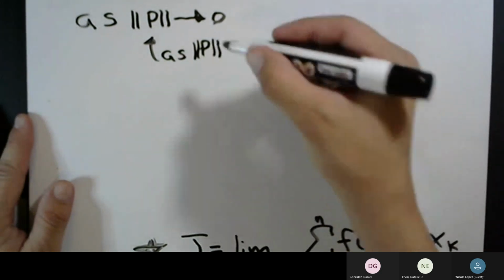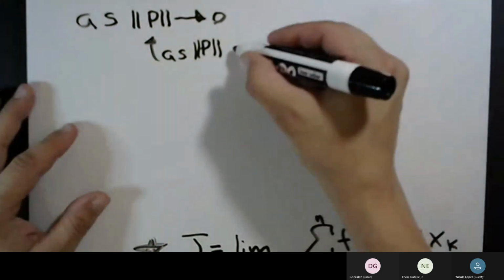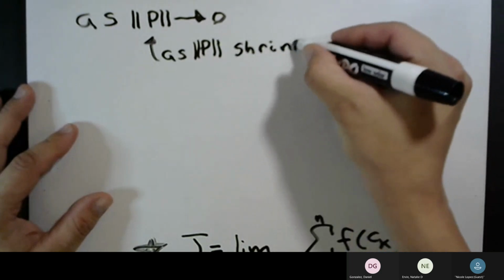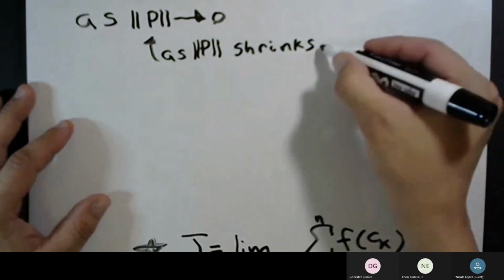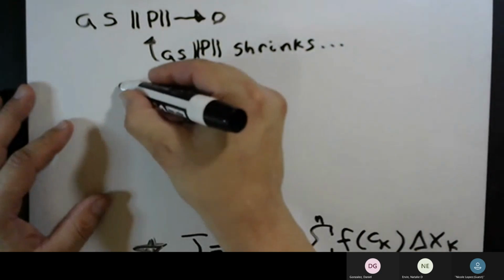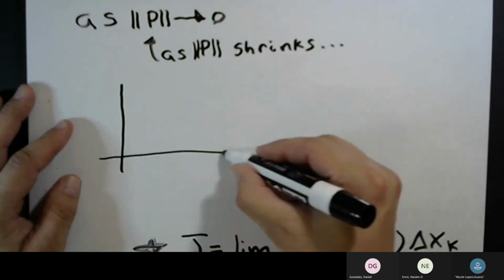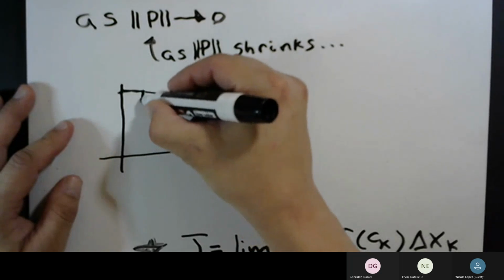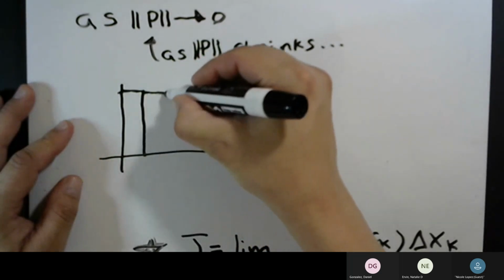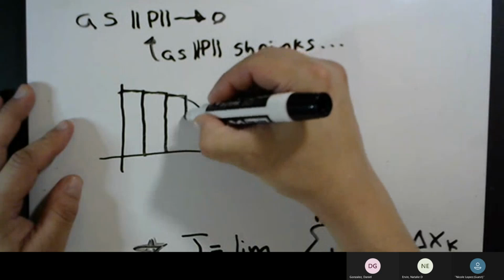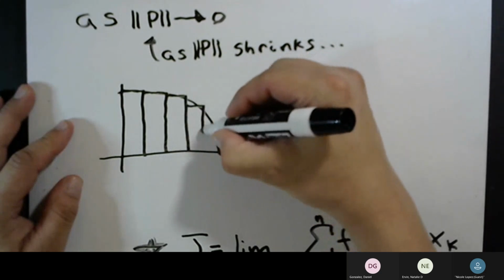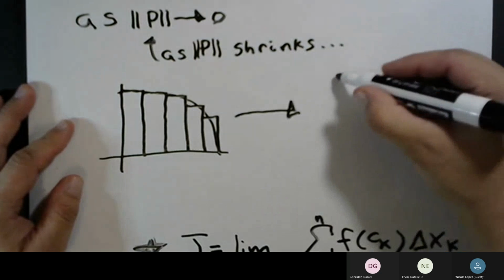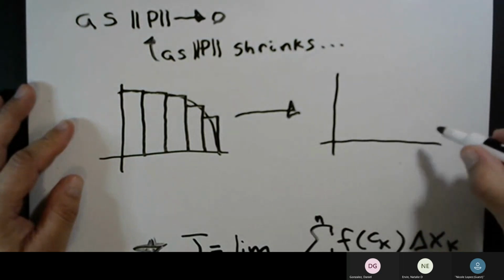Or the measure of P, or the width of P, shrinks. What happens is this scenario becomes this scenario.